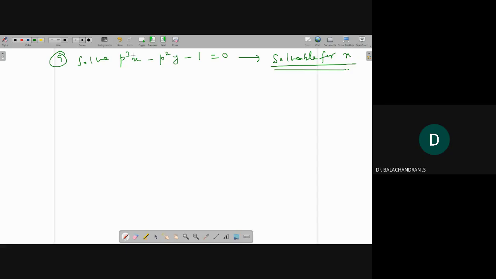So later, not now. Even you can try this problem in solve for y. But just now I told that Clairaut's equation is a particular case of equation solved for y. So that's why it is enough to try this problem in solve for x only.